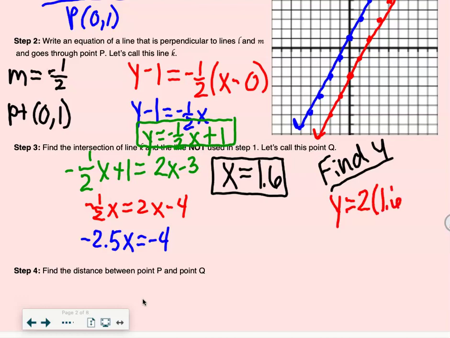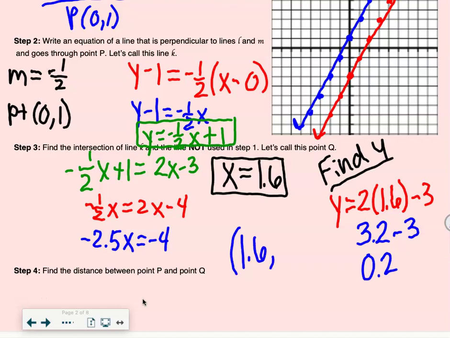What's 2 times 1.6? 3.2, minus 3 is 0.2. So our ordered pair is now 1.6 comma 0.2.